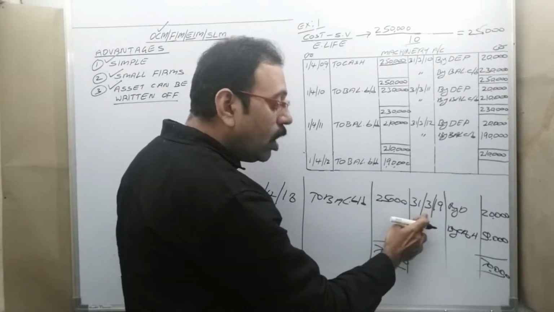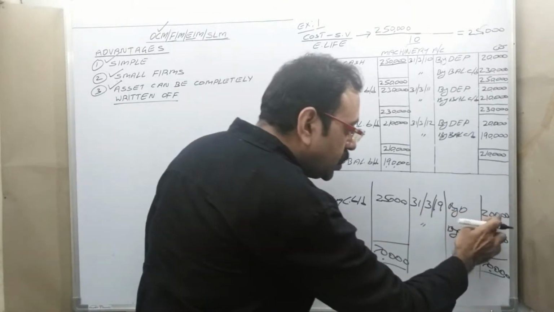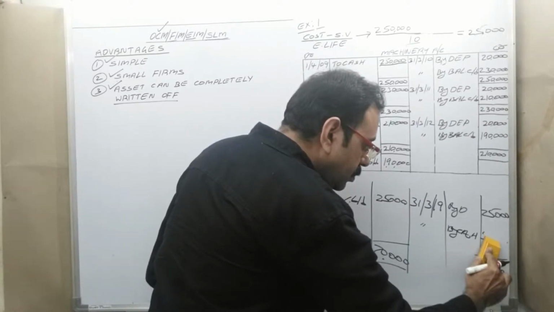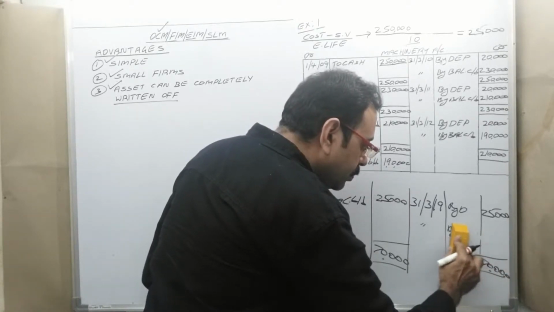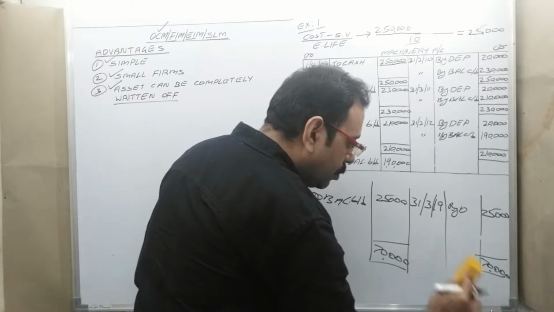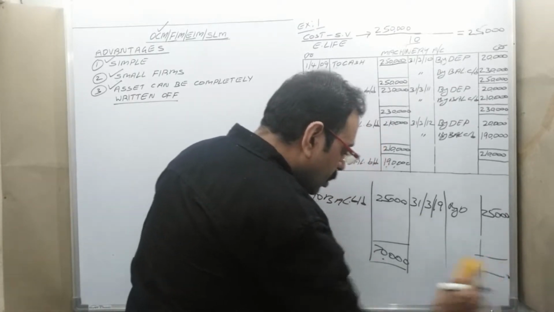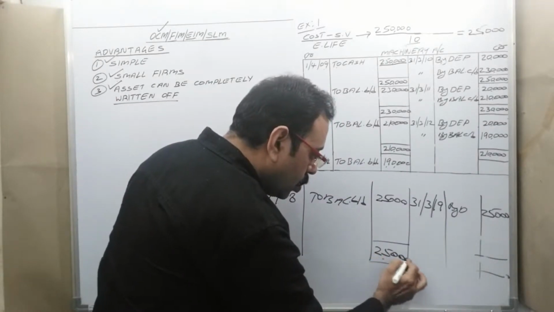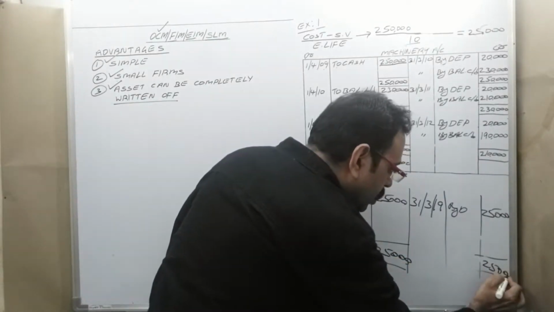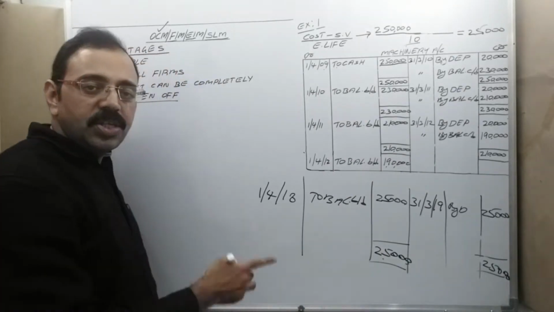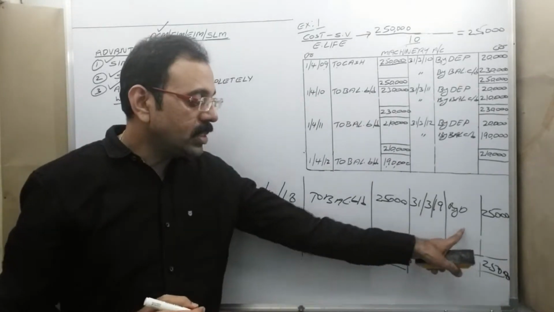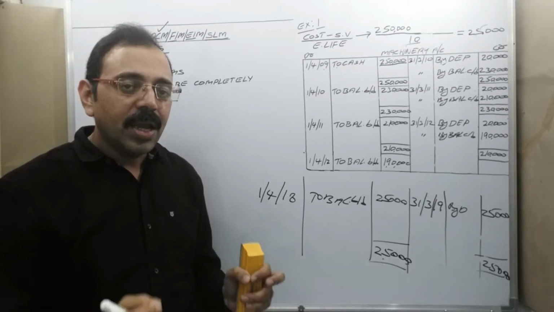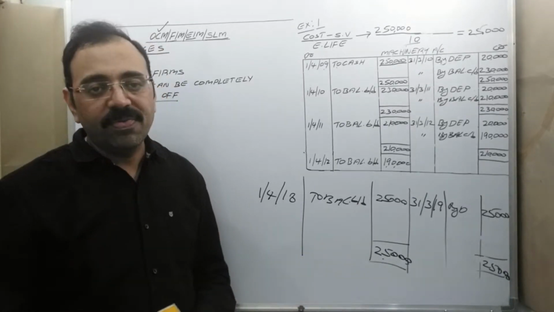And at the end of the last year, the depreciation amount is 25,000. There is no scrap value, no? Means we didn't sell that asset in the market. Then the two sides' totals are 25,000 rupees. See, in this case also there is no balance carried down in the asset account. Means what? The asset account is completely written off.